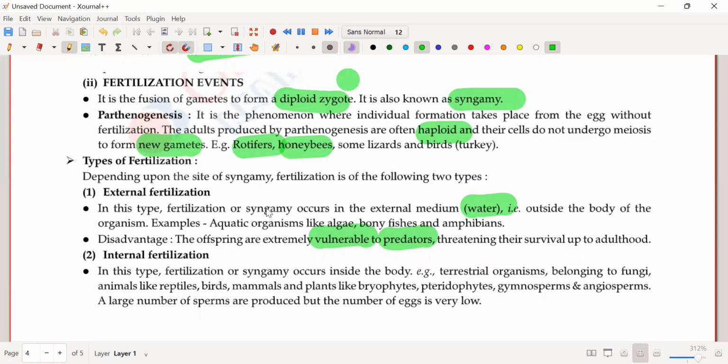Of those thousands of eggs, only a maximum of around 5 to 10 can move into adulthood. Mostly the others are eaten by predators.